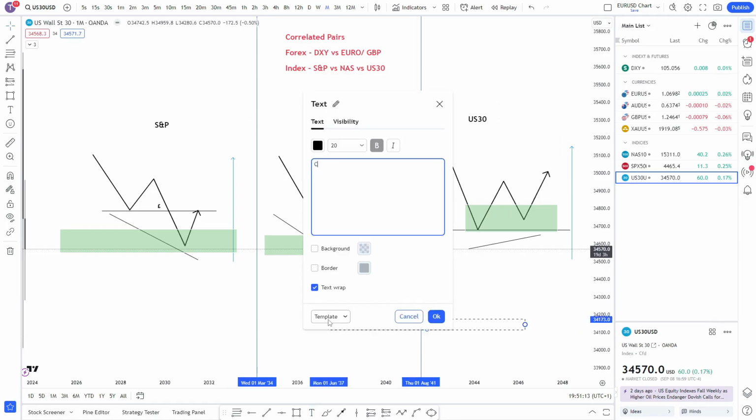Therefore, there is a crack in correlation. SMT is valid and US 30 is stronger than NAS and S&P.